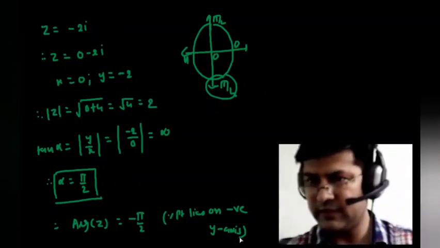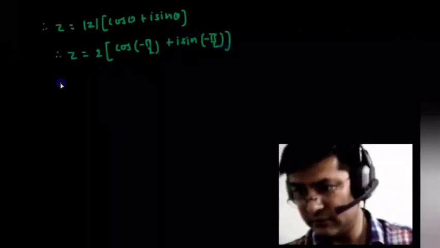Now accordingly we can write z is equal to modulus of z into cos theta plus i sin theta. Therefore for the complex number z, the modulus of z is 2, so z is 2 into cos of minus pi by 2 plus i sin of minus pi by 2.